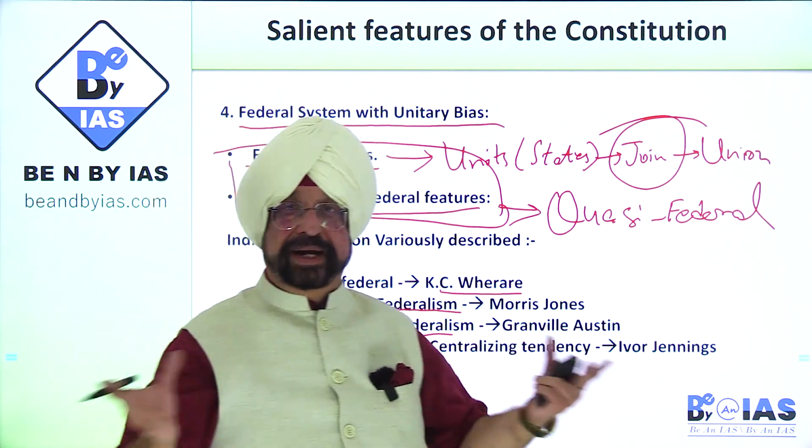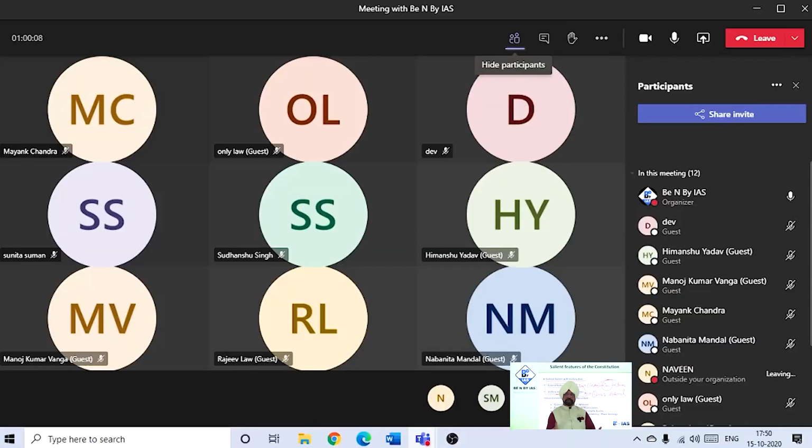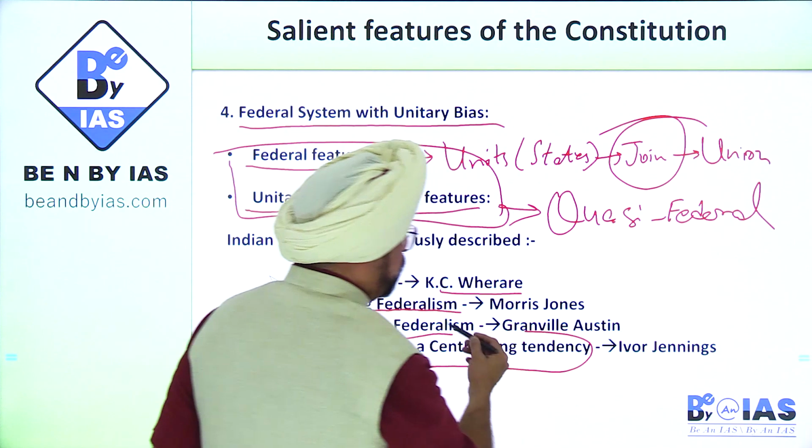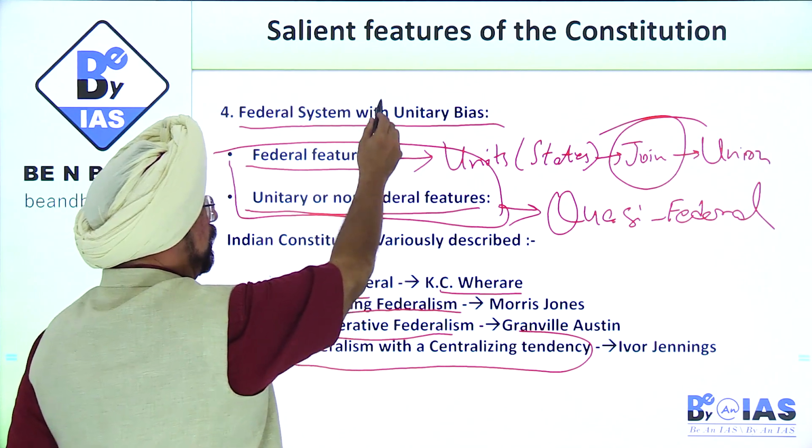It's not leading to conflict. It's not conflicting federalism. They are working in tandem to maintain this character of federalism. So, federalism with a centralizing tendency, with unitary bias.